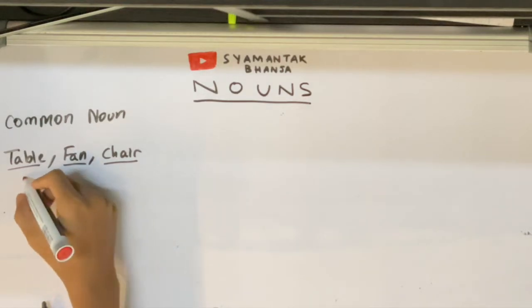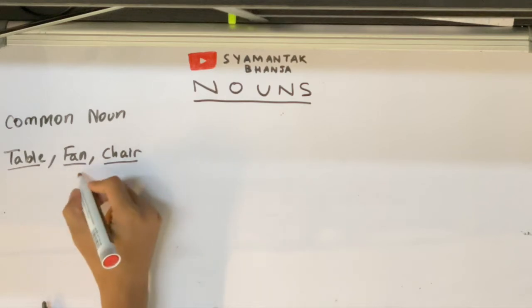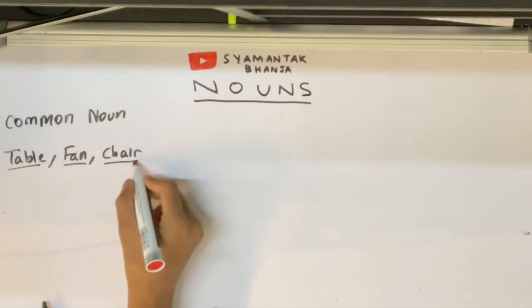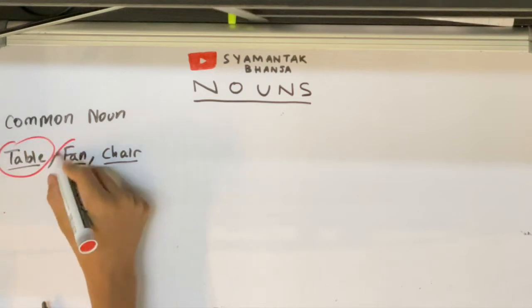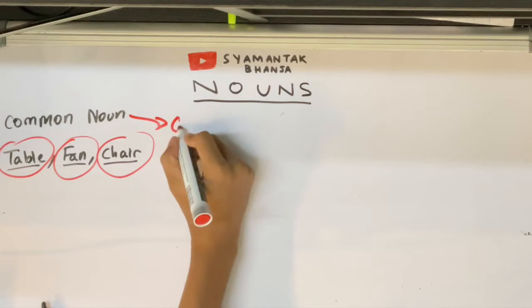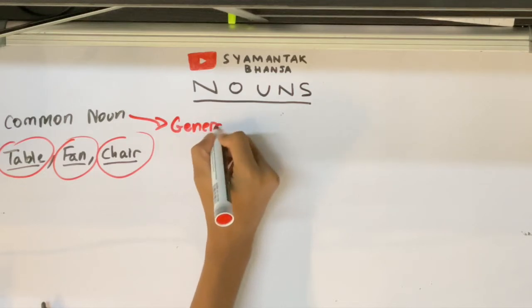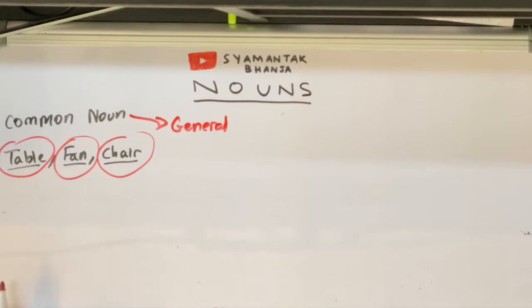There's no specific table being mentioned here. Table is for all the tables of the world. Fan is for all the fans of the world, and chair is for all the chairs of the world. So the keyword for common noun is general. For noun we said the keyword for remembering was called. For common noun it is general.